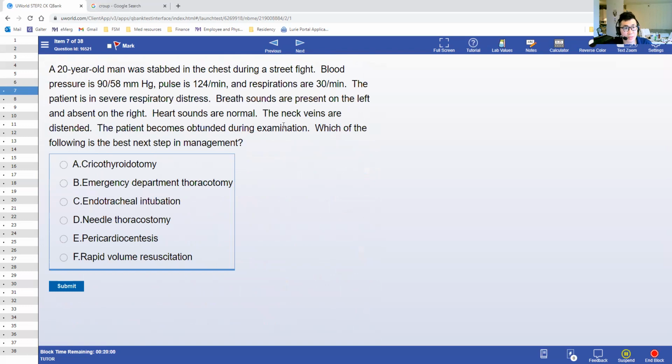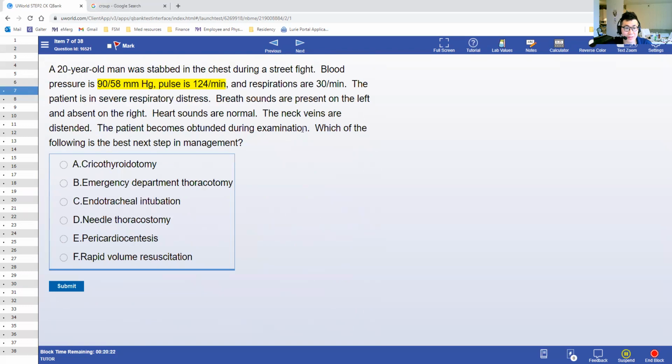Management question. Guy stabbed in the chest. Respiratory distress. Breath sounds are present on the left and absent on the right. It doesn't actually say where he got stabbed. Okay, neck veins are distended. Patient becomes obtunded during exam. Which of the following is the next best step in management? Yeah, hemodynamics are crappy.